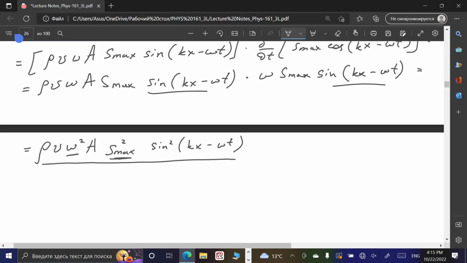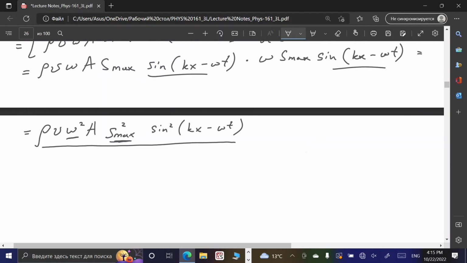So now let us make one more step further, because usually we deal with sound intensity, not sound power. So we want to go to intensity. What is the difference between intensity and power?